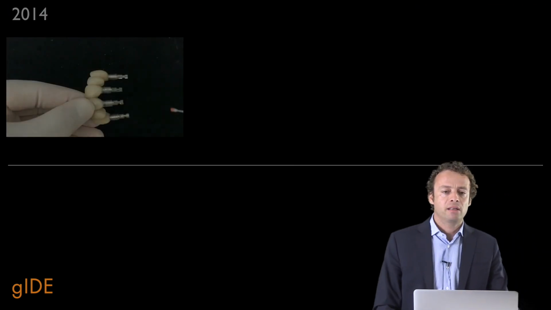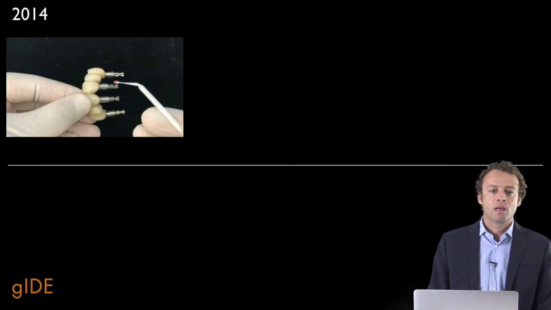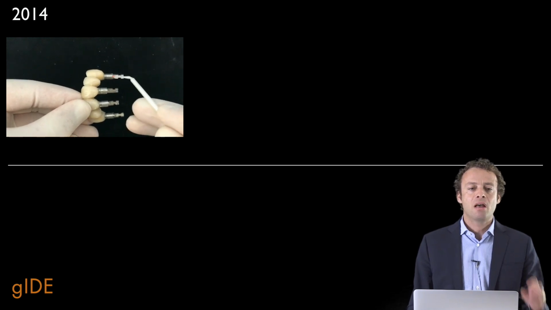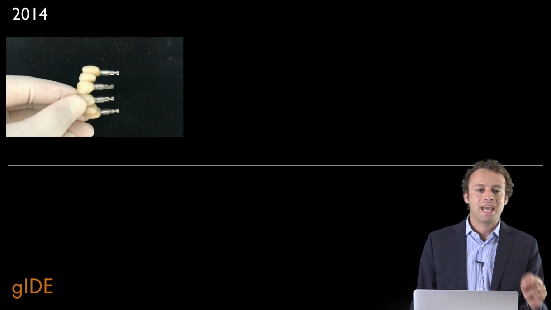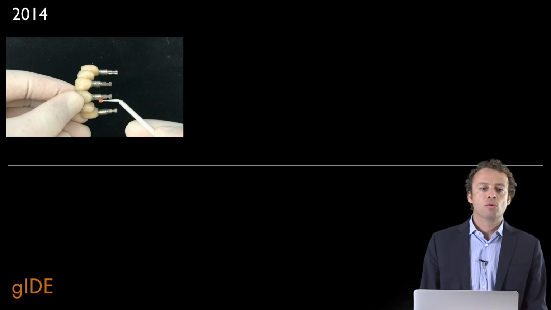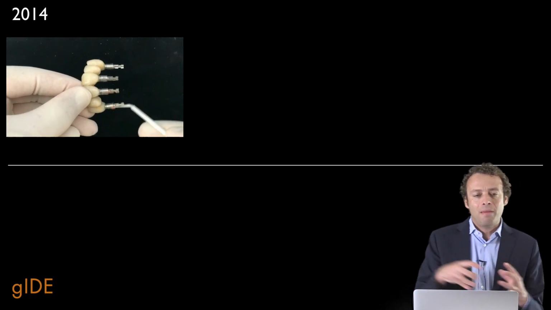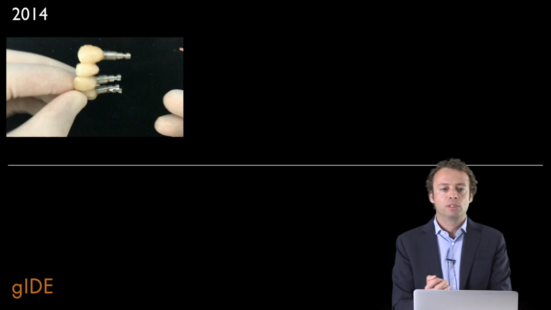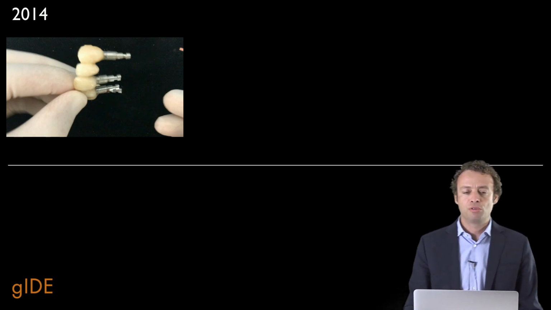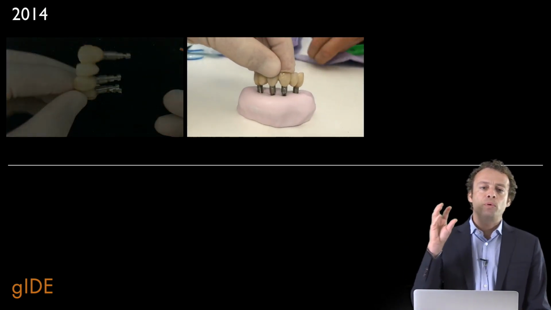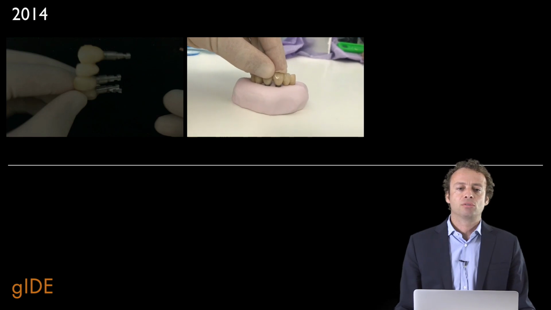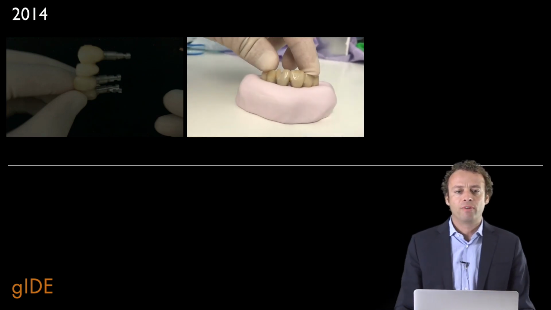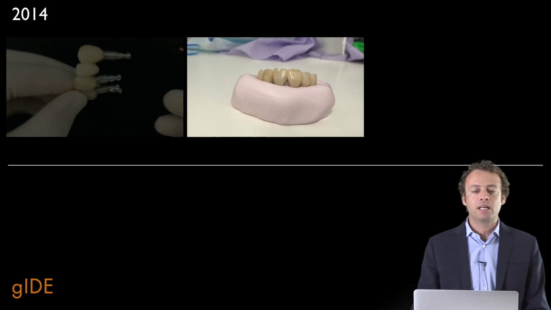And the technique was more or less the same. We connect the temporary restorations to the implant replica. I recommend putting some adhesive on the implant replica in order to have a good chemical adhesion between the implant replica and the silicone that we use to recreate the soft tissue morphology. Then we put the temporary connected to the implant replica inside a mass of putty silicone.